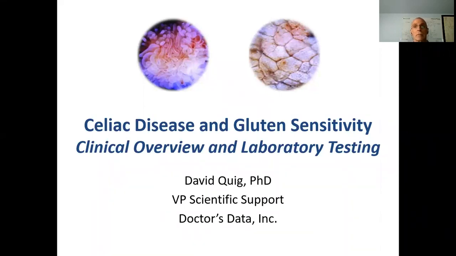Now, right from the jump, I want to emphasize the importance, the magnitude of the effects of this disease. Here I'm showing a picture of a biopsy from a normal patient, from the duodenum, where you can see the very lush, vascularized villi just waving around and waiting to absorb nutrients.